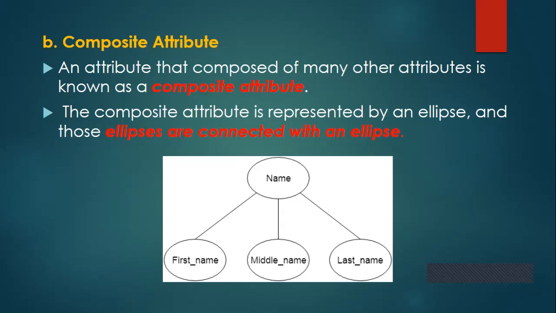A name can again be composed of some other attributes, that is first name, middle name, last name. That's what is called a composite attribute, because an attribute is again divided into n number of attributes. Such an attribute is called a composite attribute, and you represent them in normal ellipse form.